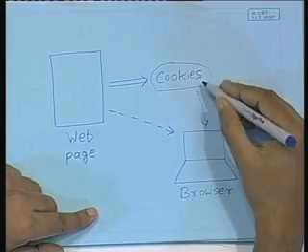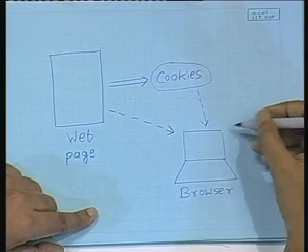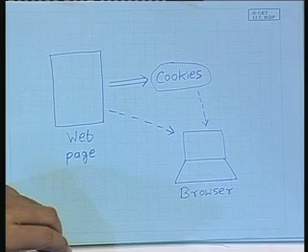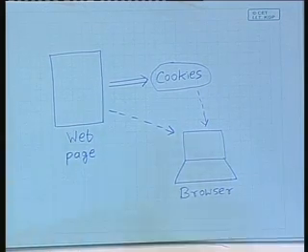Now, these cookies can serve the purpose of maintaining sessions, conveying some useful information across pages and so on. We shall see some of the typical usages of cookies later, but first let us try to understand how such name value pairs can be stored on the browser machine, on the machine which is running the browser, and how the values can be accessed.